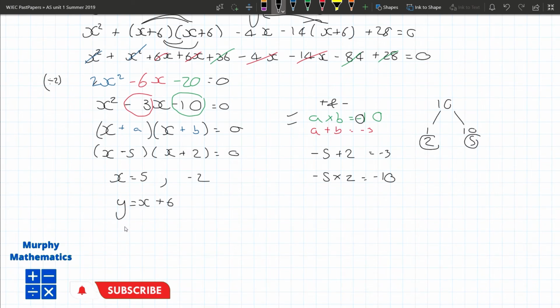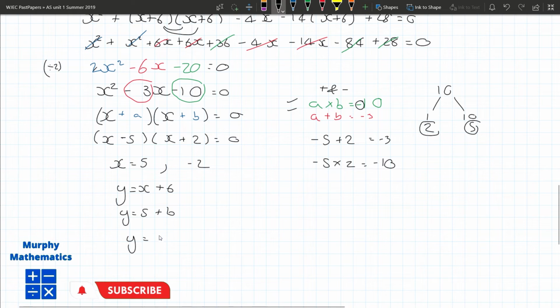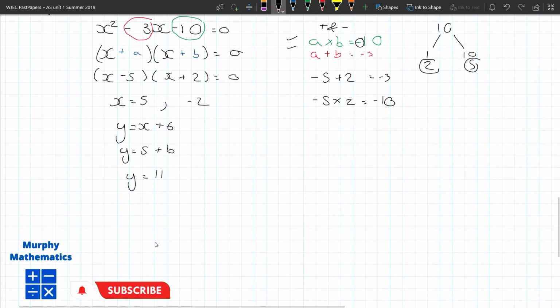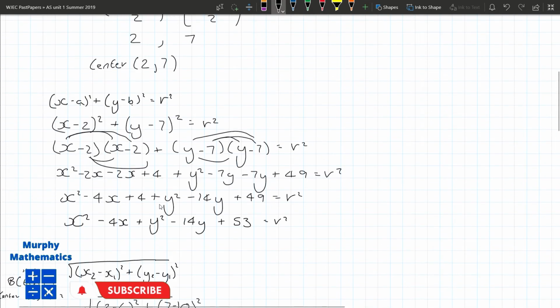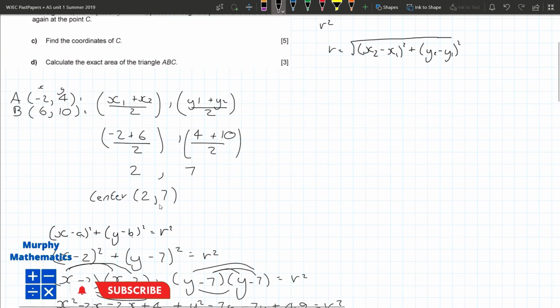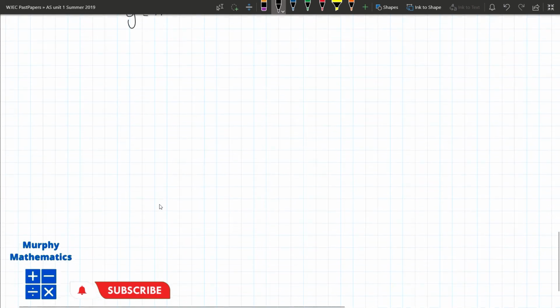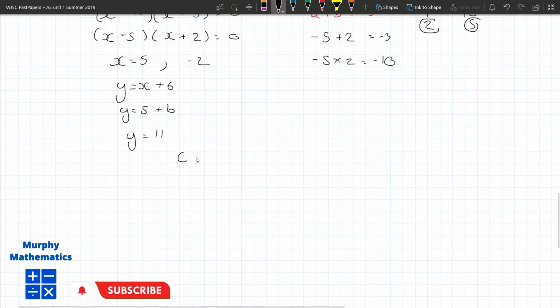Sub in x equals 5, so I've got y equals 5 plus 6. So y equals 11. So my coordinate C, I believe, is going to be 5, 11.